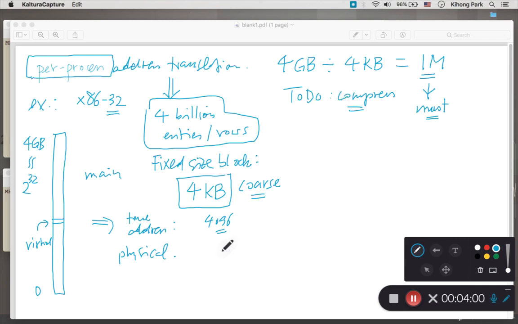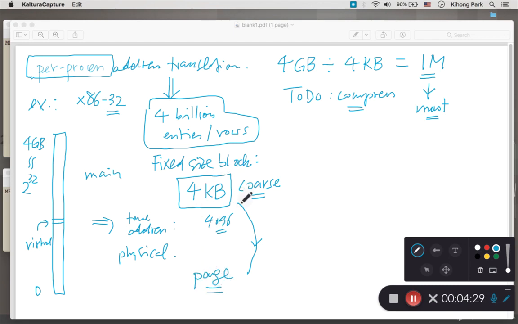But before we go into this, let's make sure that we wrap this up in terms of what implications it has. So this fixed size block, in this case as an example, can be bigger, it can be 16 kilobytes, even bigger than that. But these fixed size blocks are referred to as pages, a page.